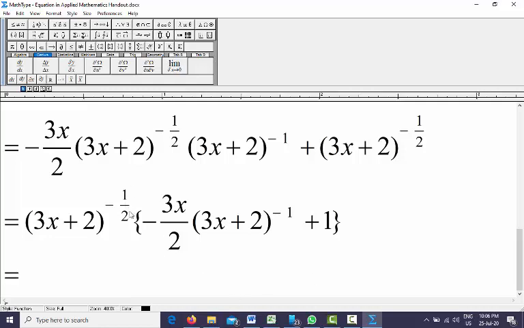So here what we will get is, power minus half is there.